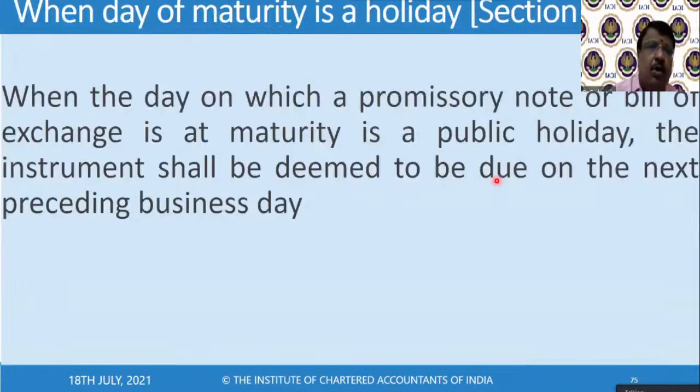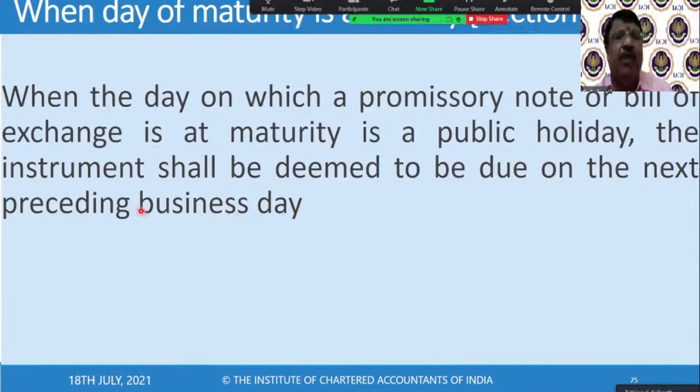So, when the day on which a promissory note or bill of exchange is due is a public holiday, the instrument shall be deemed to be due on the next preceding business day, which means one before that. This is a popular MCQ question. Be careful. They ask this as an MCQ question. It's there in your MCQ booklet also. It shall be due on the next preceding day.